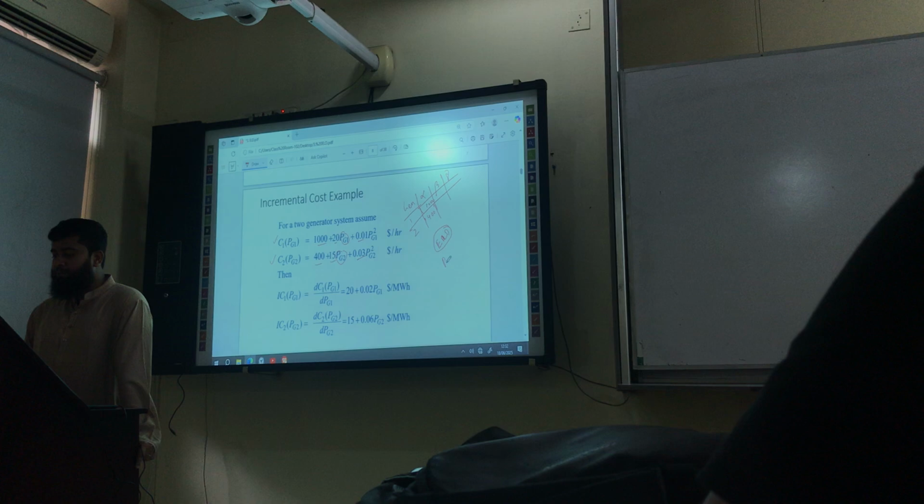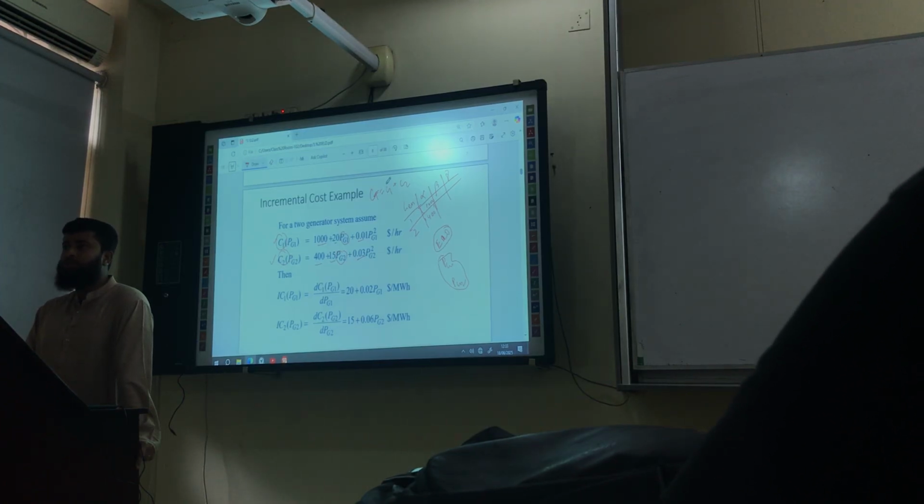Your solution will be the Pg1, Pg2, right? The solution of ELD will be the Pg1, Pg2. And what will be the goal? Goal is to minimize the fuel cost, right? The total fuel cost CT, that is the addition of C1 and C2. And to achieve this goal, you have to fulfill some constraints, like you have to meet the load demand, then you have to meet the generator limit constraints like this.